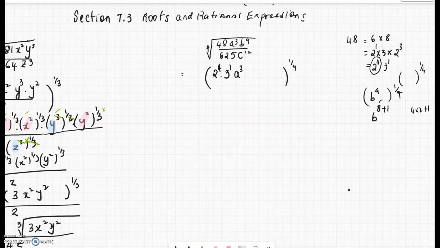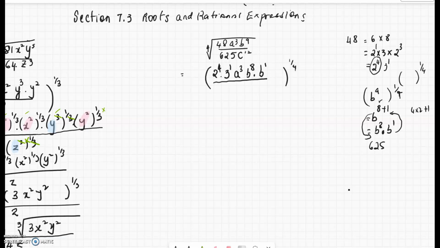So we have b to the 8 times b to the 1, because b to the 8 plus 1 is equal to b to the 8 times b to the 1. If you go backwards, you'll understand that it's the same rule that we've been using throughout the semester, the rule of exponents. So b to the 8 times b to the 1 is b to the 8 plus 1. And in the opposite direction, b to the 8 plus 1 is b to the 8 times b to the 1 by the rule of exponents.